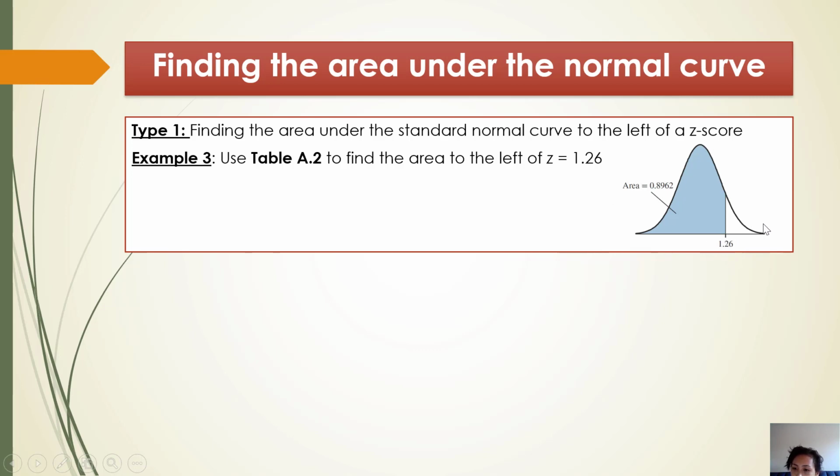Remember the standard normal curve is centered at 0 and the standard deviation is 1. After I have my z-score marked on the picture, I shade the area to the left of the z-score. So the shaded area represents the area to the left of the z-score, and is also the probability that z is less than 1.26.